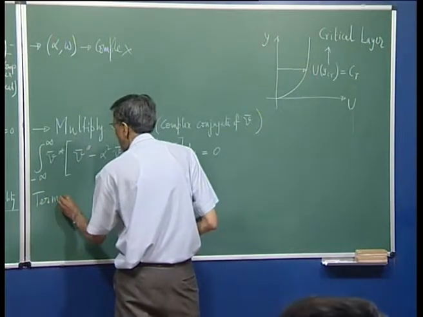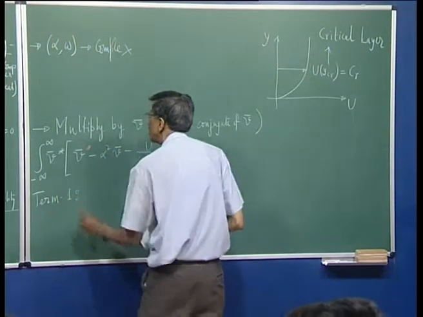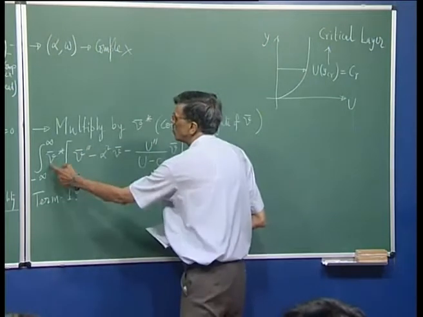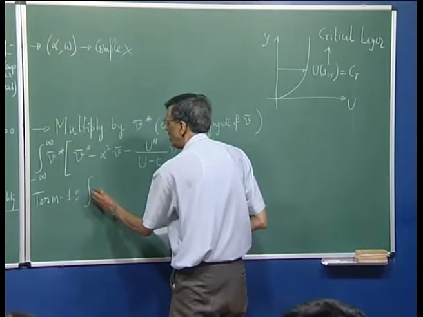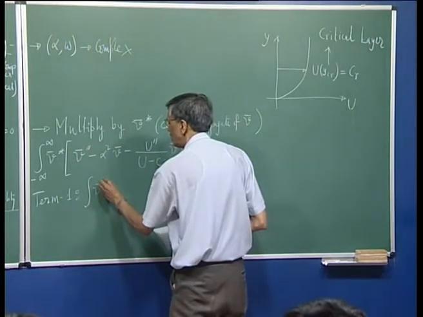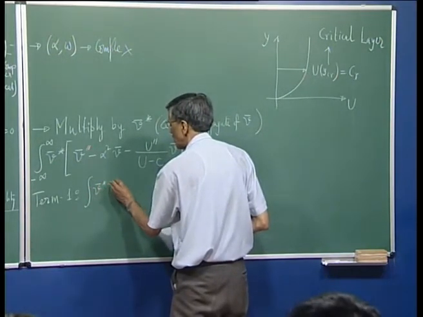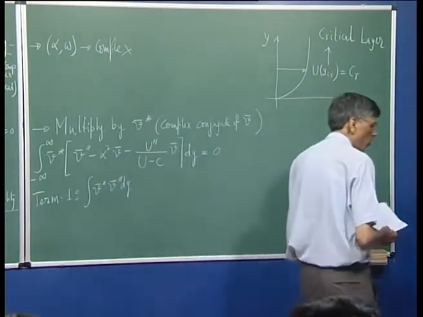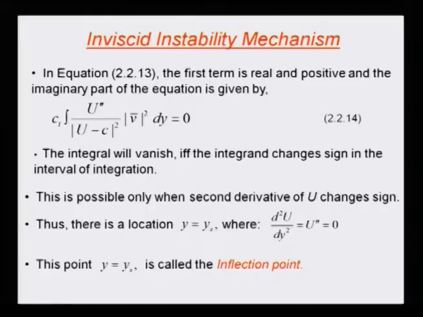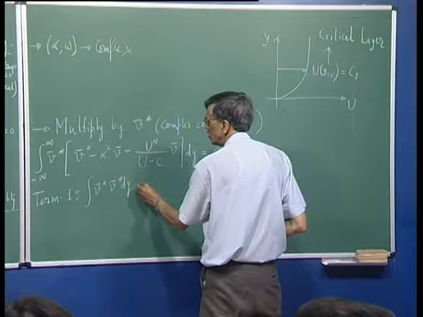So, the first term that I have is this multiplied by this. So, that is basically the integral of this. Okay. So, if I do, what do I get? I can do integration by parts.